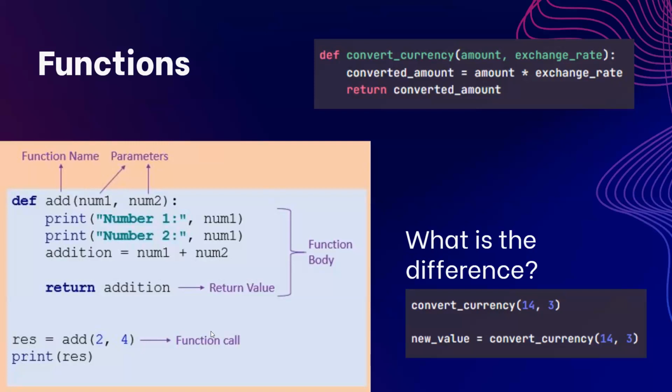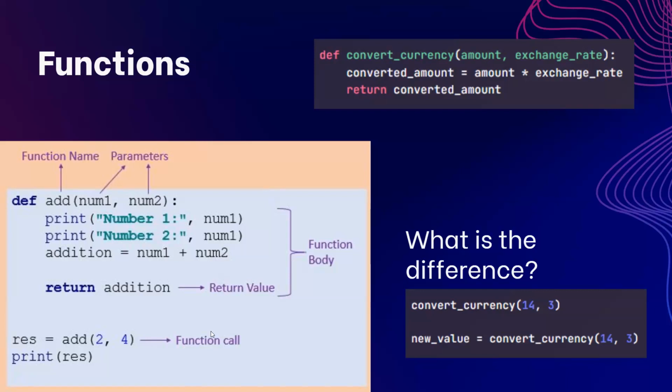You can assume that num1 acts as 2 and num2 acts as 4 everywhere in this function when you call it. If you execute this function call, you're going to see that it returns 6, which is saved into the variable result or res. If you print this variable, you're going to see the result of that function call, which is 6.